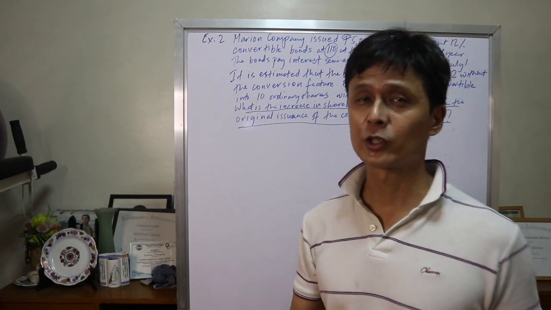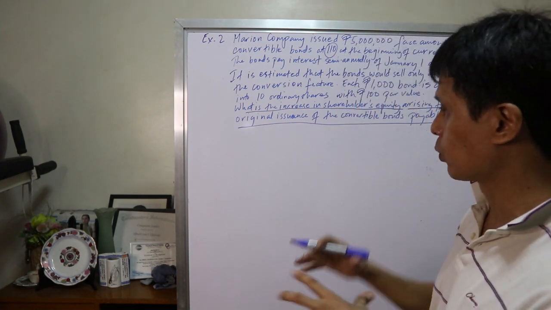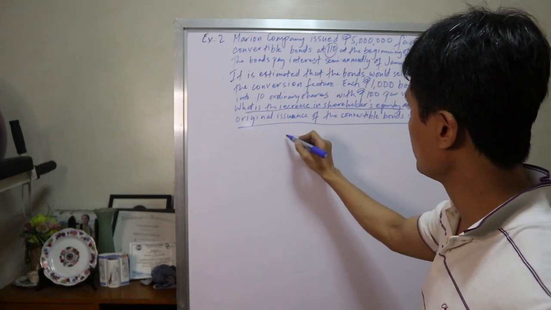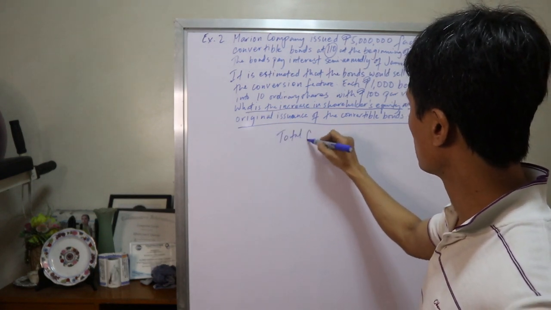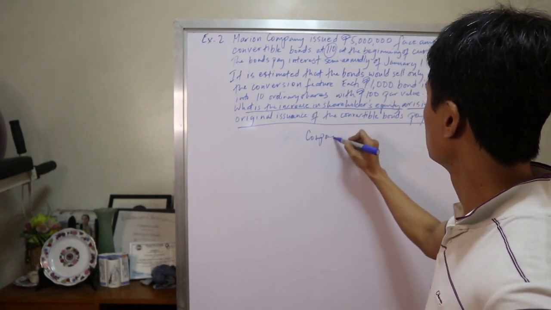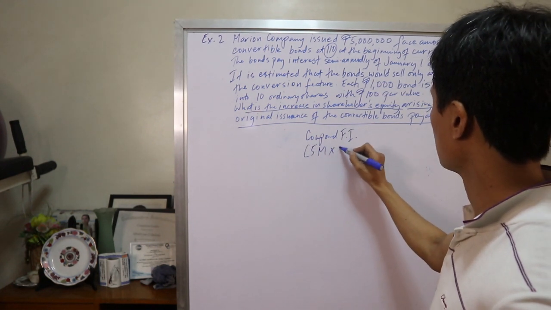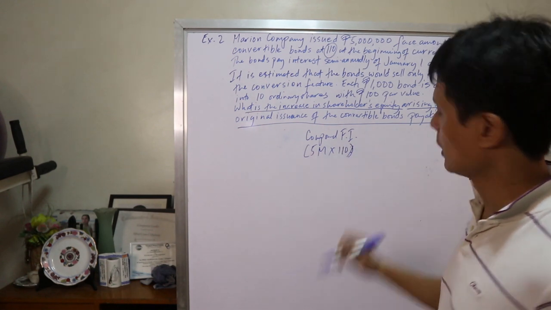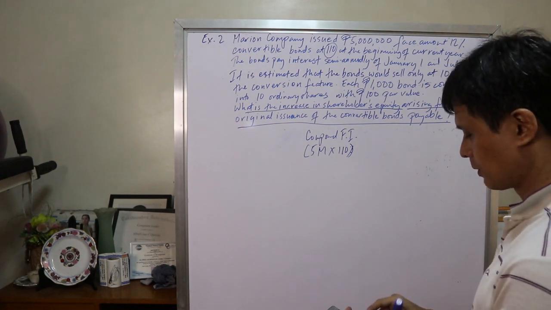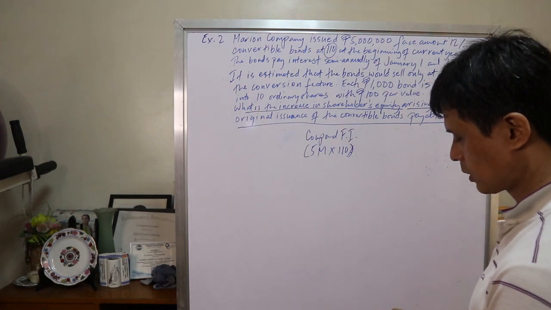What is the increase of the shareholders' equity arising from the original issuance of the convertible bonds payable? So similar to what we did a while ago, kukunin muna natin yung total compound instrument value niya. So compound financial instrument, this is 5 million times 110%. So this is 5 million times 1.1.